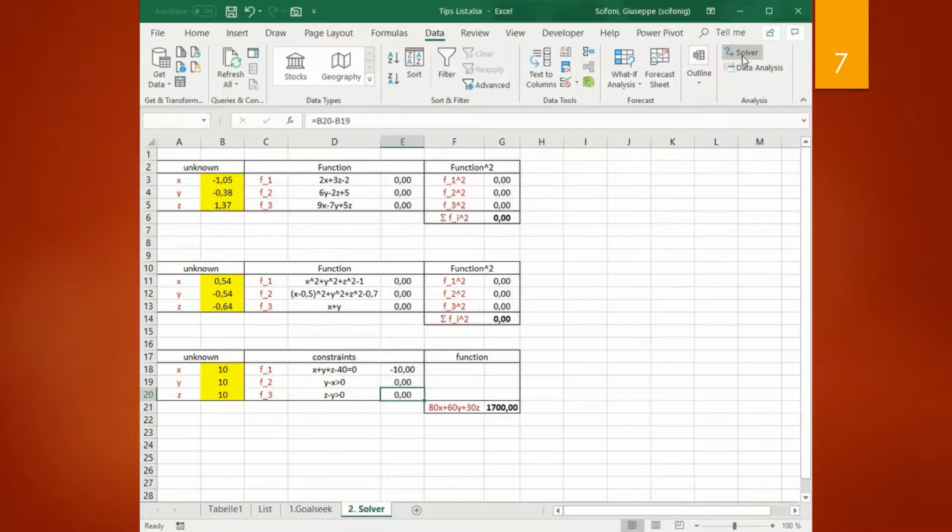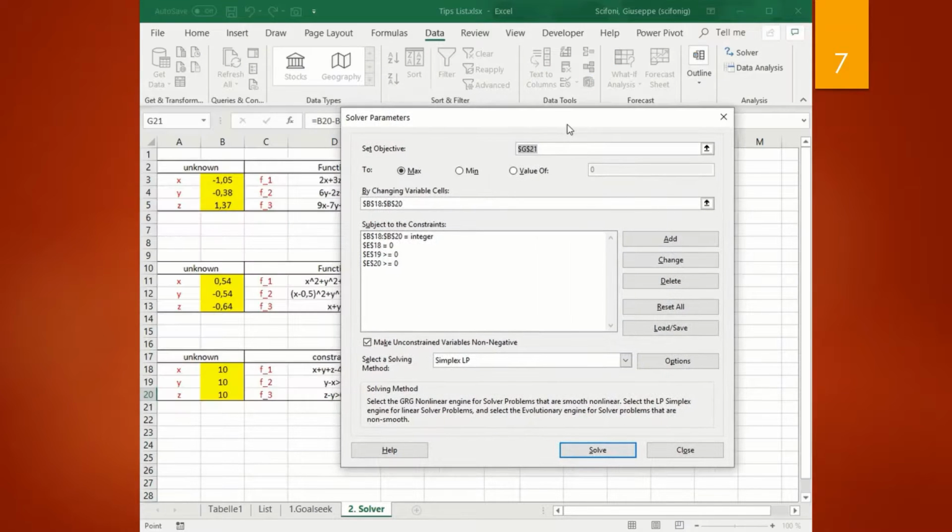And we call the solver. So now the objective cell is G21, to be researched for the maximum value by changing variable cells B18 to B20, so the unknowns x, y, and z, which must be integer.